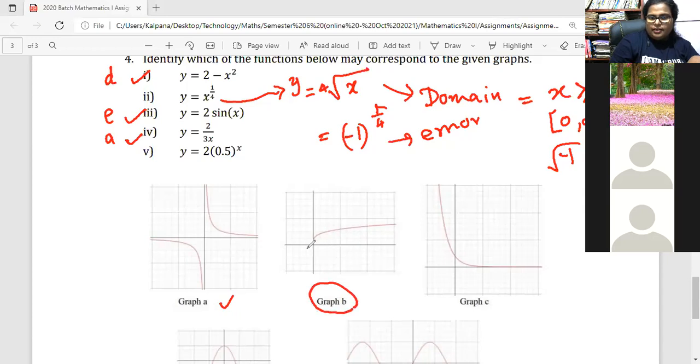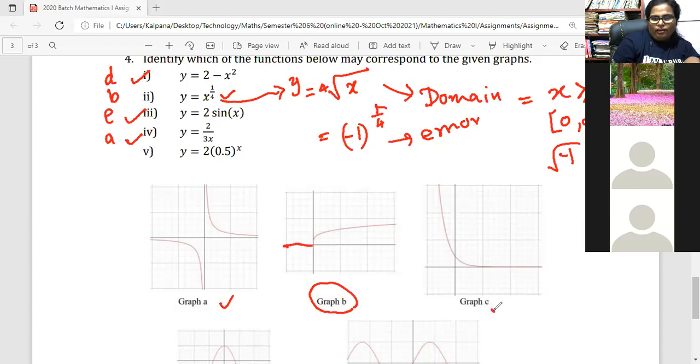That means for negative x values, the function is not defined. That's why it is drawing our function like this. So our graph B should be matched with this one. Right? එතකොට graph B එක තමයි match වෙන්නේ.